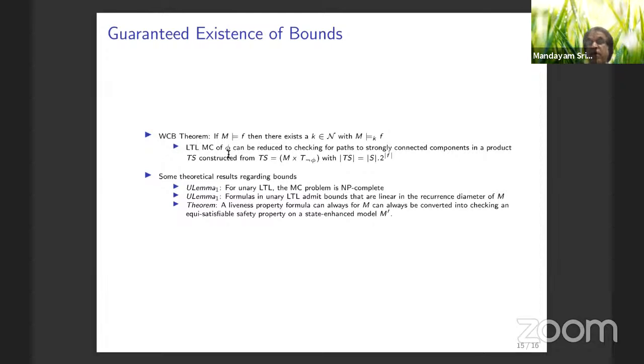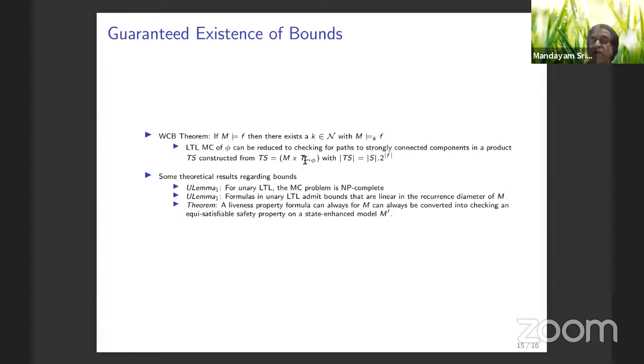Existence of a path satisfying phi is reduced to exploring paths to a strongly connected component in a product transition system, which is constructed from the original transition system, the Kripke structure M, and a transition system for the negation of the formula. This is the classical automata-theoretic way of doing things, okay?